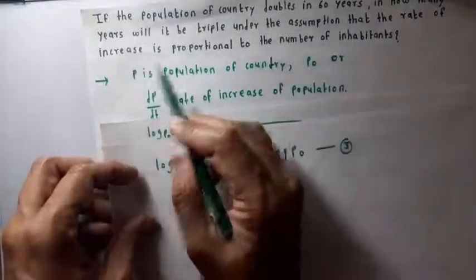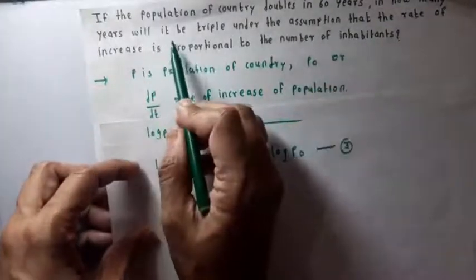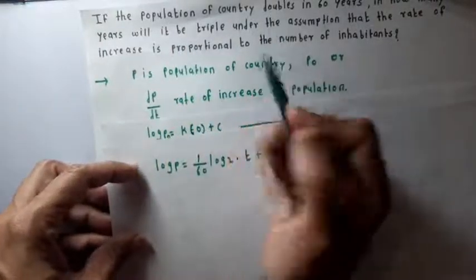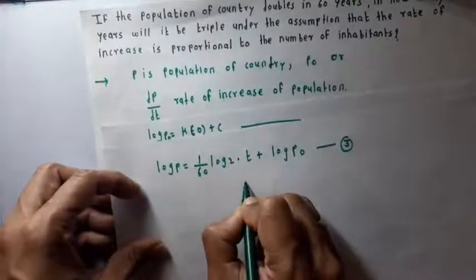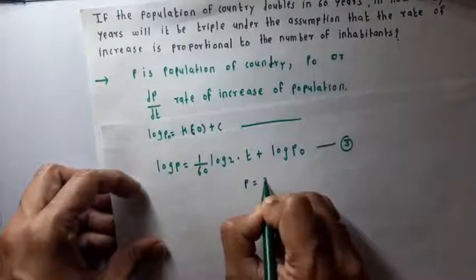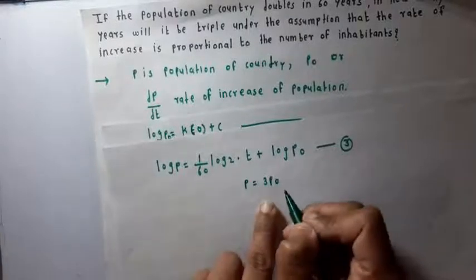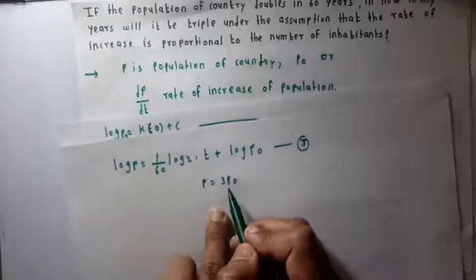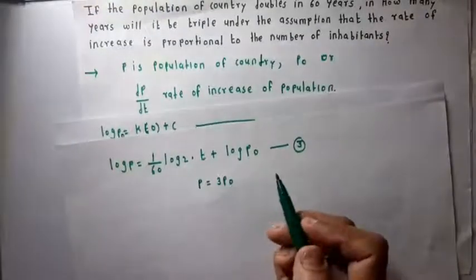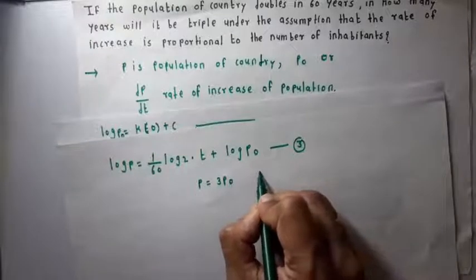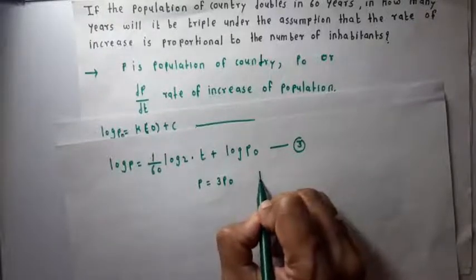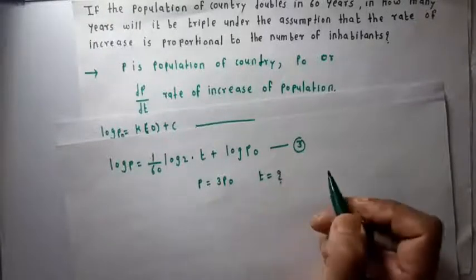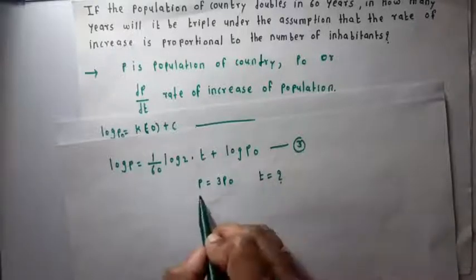In how many years will the population triple? Means the population P equal to 3P0, thrice the original population. Then the required time t, how many years, that we have to find out.